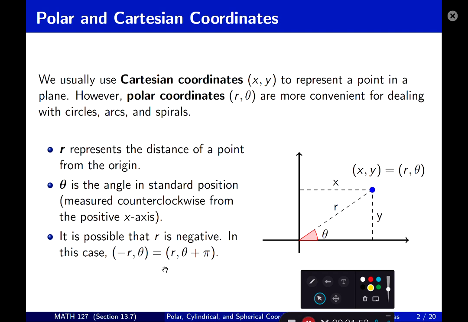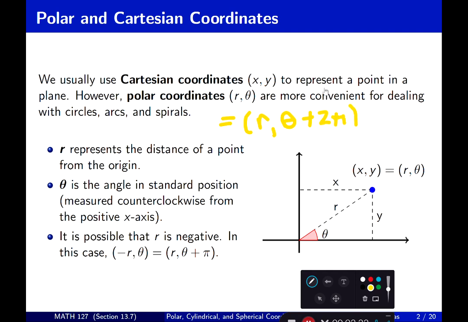You can also do other ways: any r and theta is also equal to r and theta plus 2 pi, and so on and so forth.